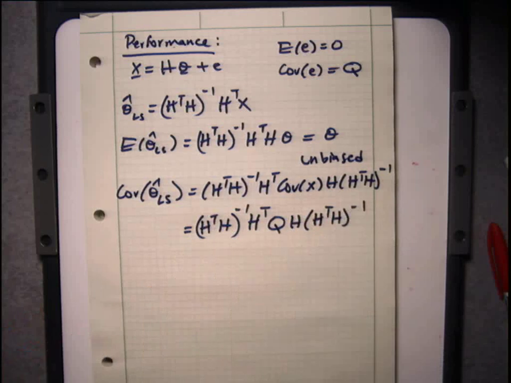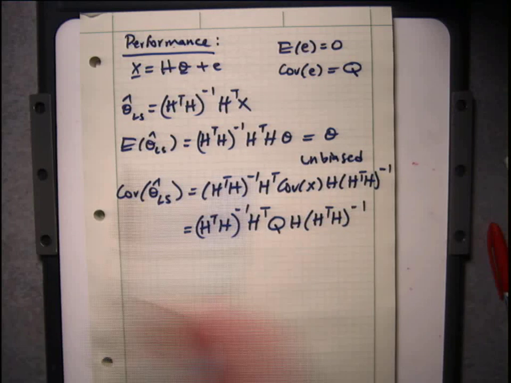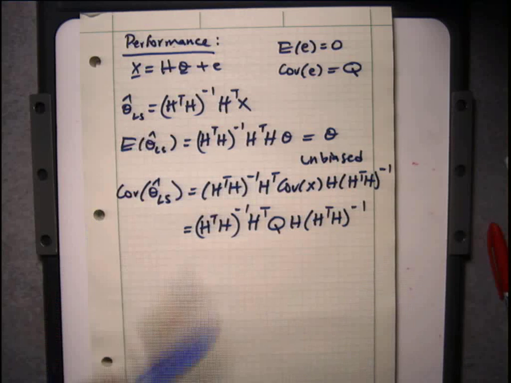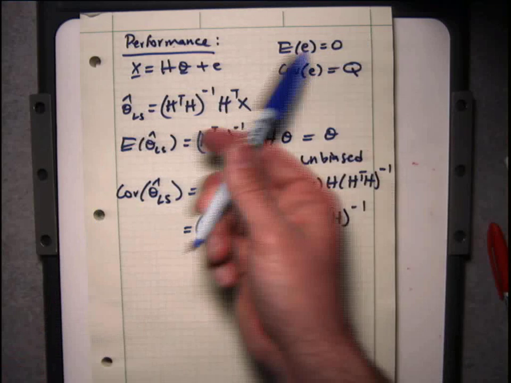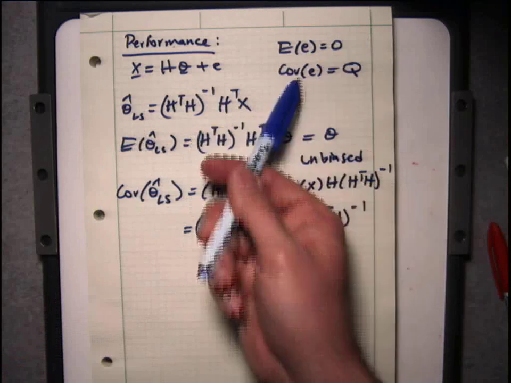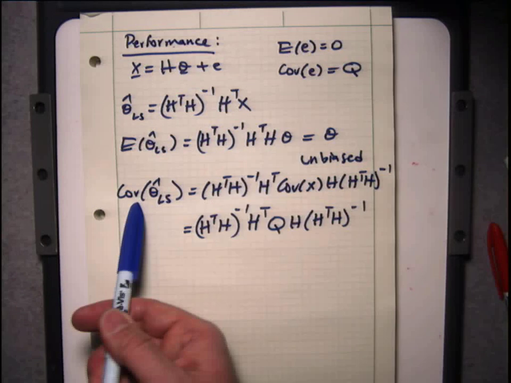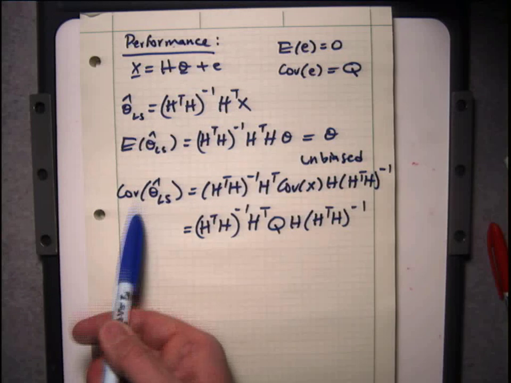What's important here is, first of all, you got an unbiased estimator. It's a very simple estimator for this linear problem. And even if you don't know the distribution of the data, if all you know is just the mean and the covariance of the error, you can still compute the mean and the covariance of the estimate.